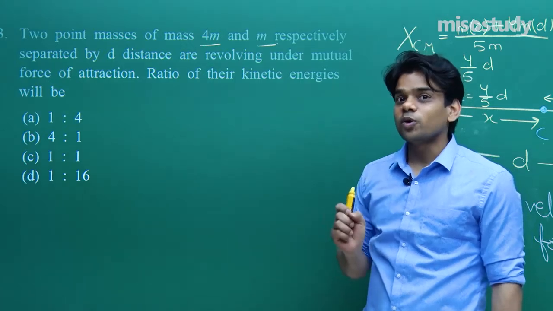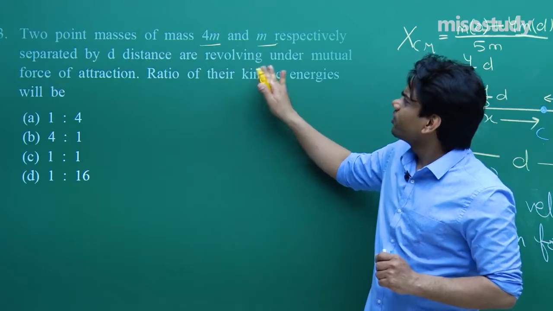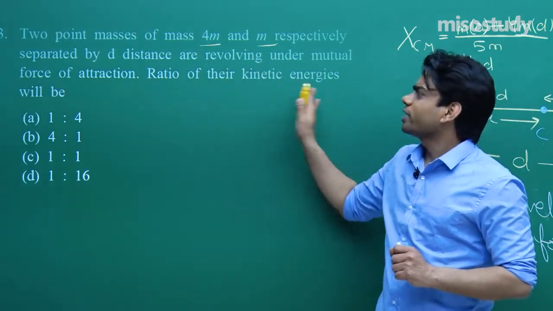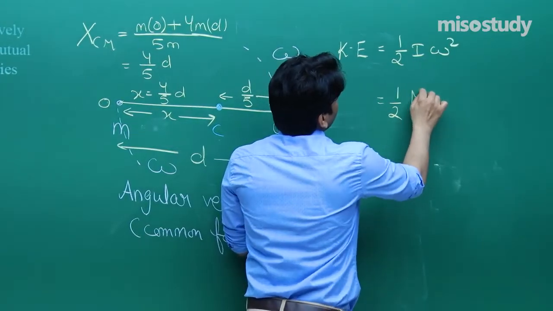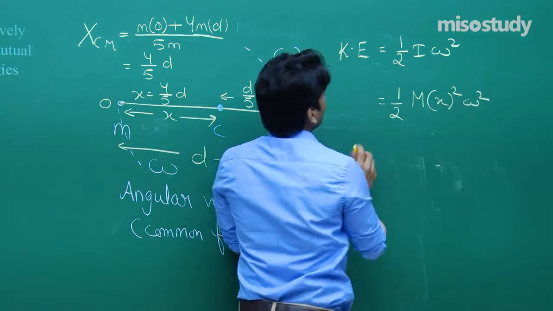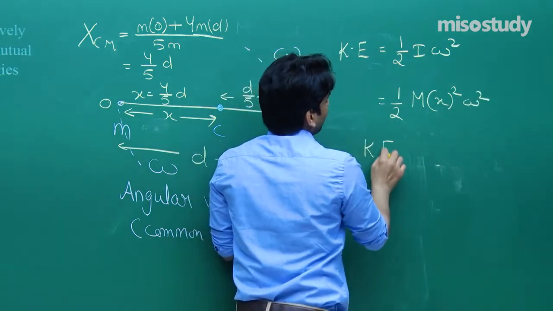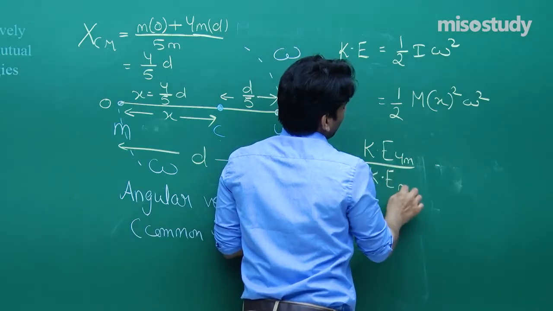First we have to write down the kinetic energy of mass 4m. These are revolving under mutual force of attraction, and the ratio of the kinetic energies is needed. So we need to evaluate kinetic energy of 4m divided by kinetic energy of m.